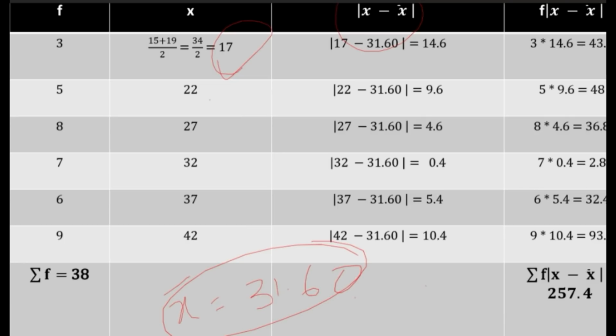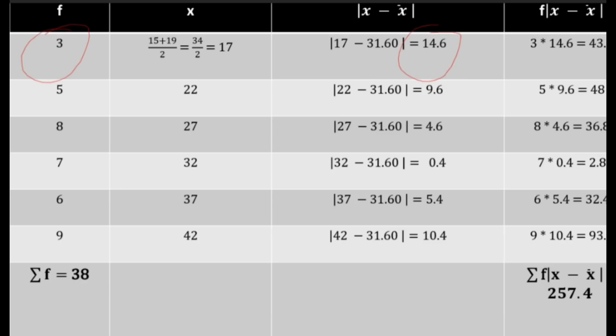After that, multiply f by this column. 3 multiplied by 14.6 is 43.8. 5 multiplied by 9.6 is 48. 8 multiplied by 4.6, and so on.